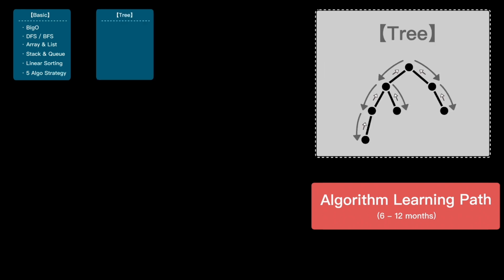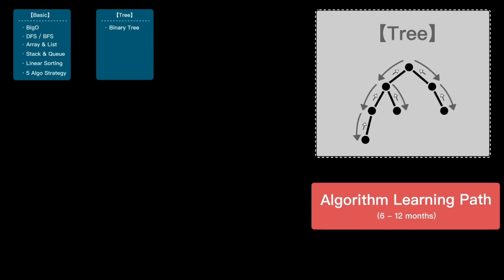The next topic I recommend moving on to is tree. Tree is the most used data structure when it comes to LeetCode questions. It is worth the time to understand it. So first, you need to understand what a binary tree is.